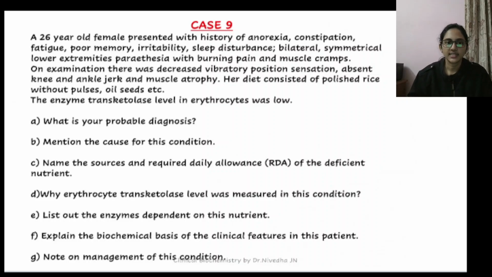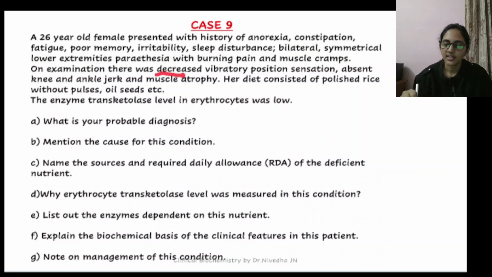Now let's see the next case, which is a 26-year-old female presenting with history of anorexia, constipation, fatigue, poor memory, irritability, sleep disturbance, such a long history, bilateral, symmetrical, lower extremities paresthesia with burning pain, muscle cramps. Where is it taking us? We don't know.